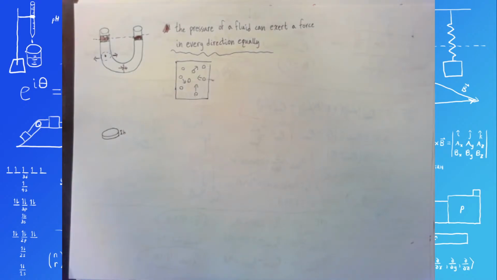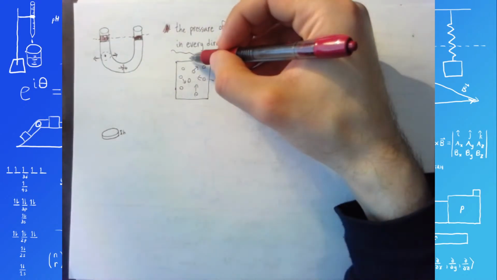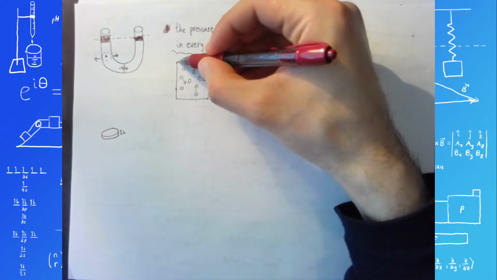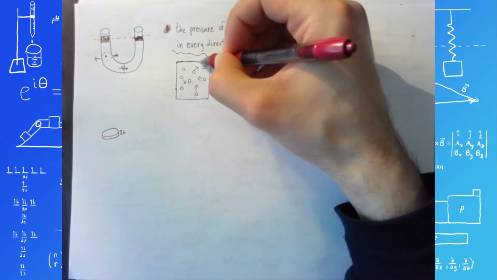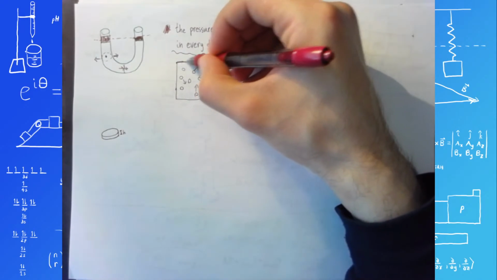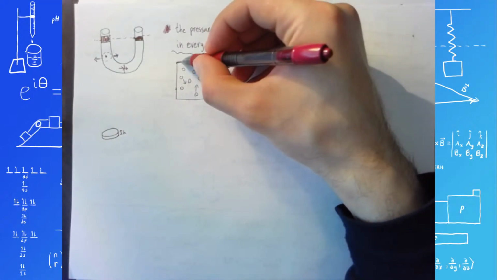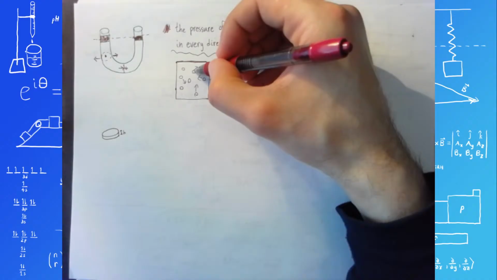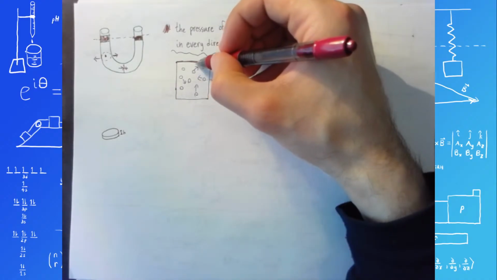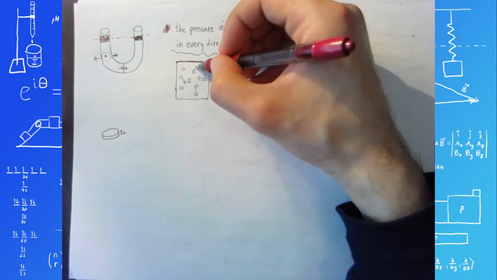If you increase the pressure, if you increase the amount of force from above, for example, if I increase the amount of force here, well, that is going to make it so that there's a greater change in momentum when these particles collide with this upper wall.